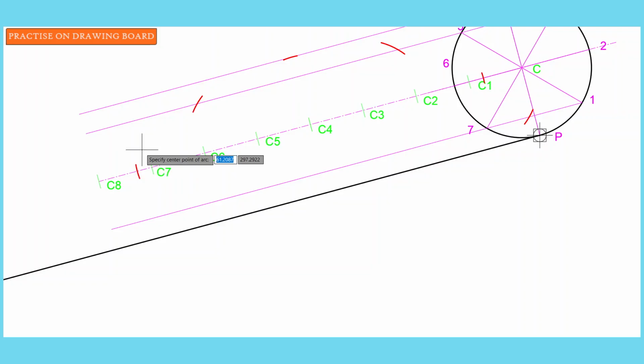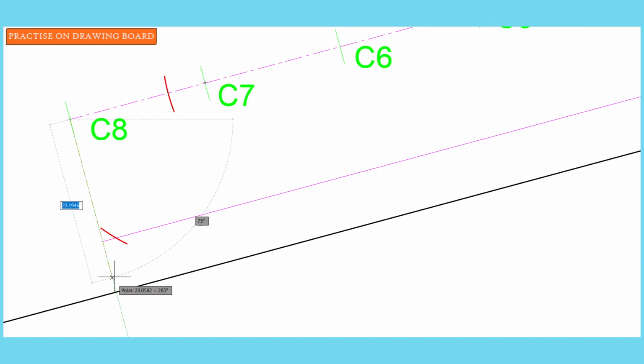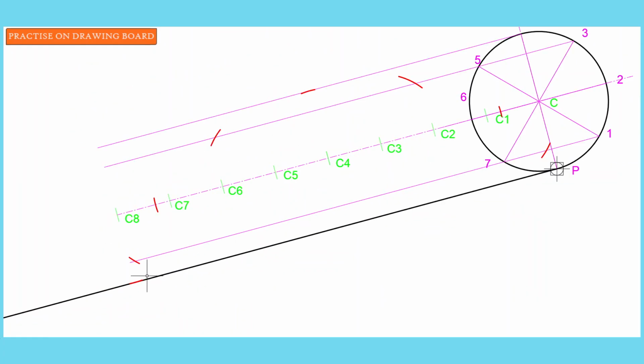And then C7 on the 7 horizontal line, and C8 to conclude. Now we can use our French curves to connect through the points.